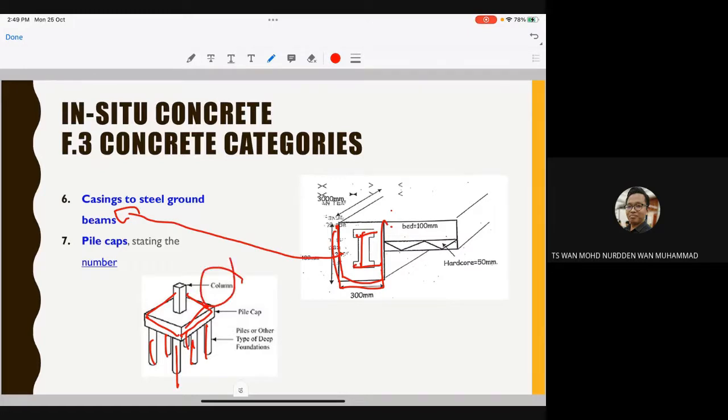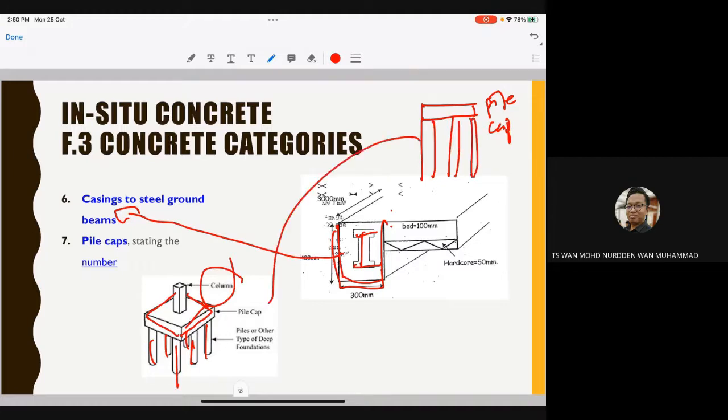Not necessarily every pile will have one column. In our situation, this foundation should be the pile cap, and below it there will be a lot of piling. So the same situation with this one.